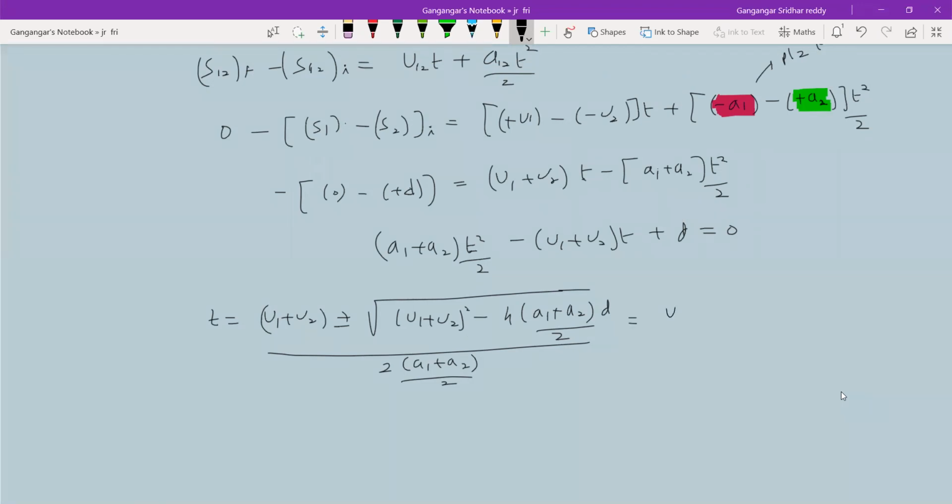Let me simplify one more step. U1 plus U2 plus or minus, whole square. This will be 2D by A1 plus A2. I think there are definitely two times here, no? Here only you can see it.